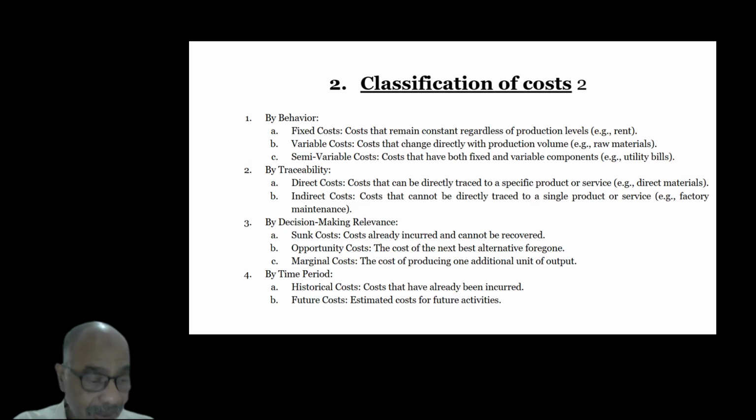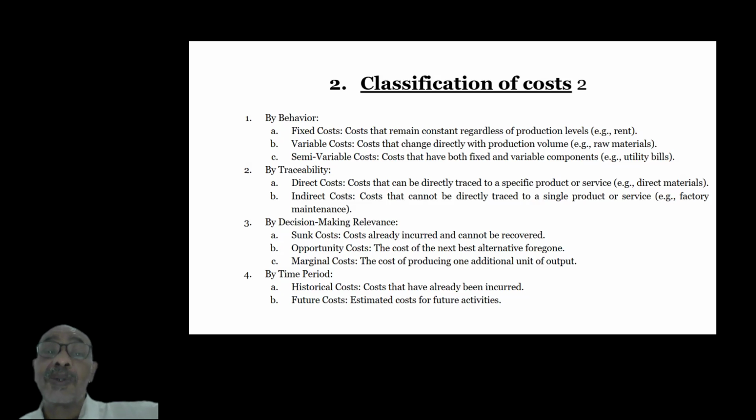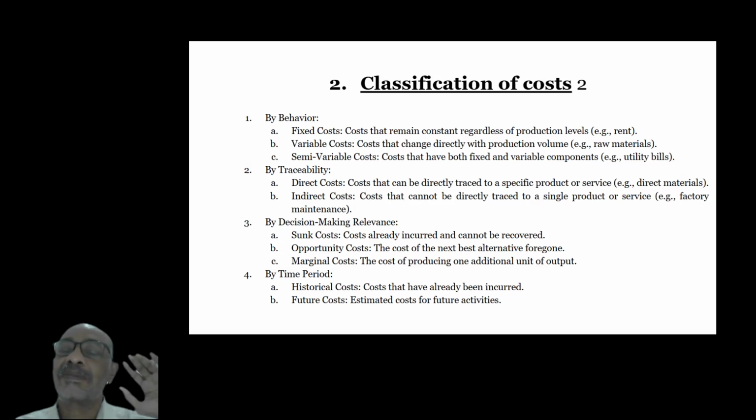If you produce the shoe, you will not produce the bag. But if you produce the bag and sell it, it will give you more profit than the shoe. The shoe does not give you as much profit as the school bag does. So in this case, if you don't produce the bag, this is an opportunity cost.